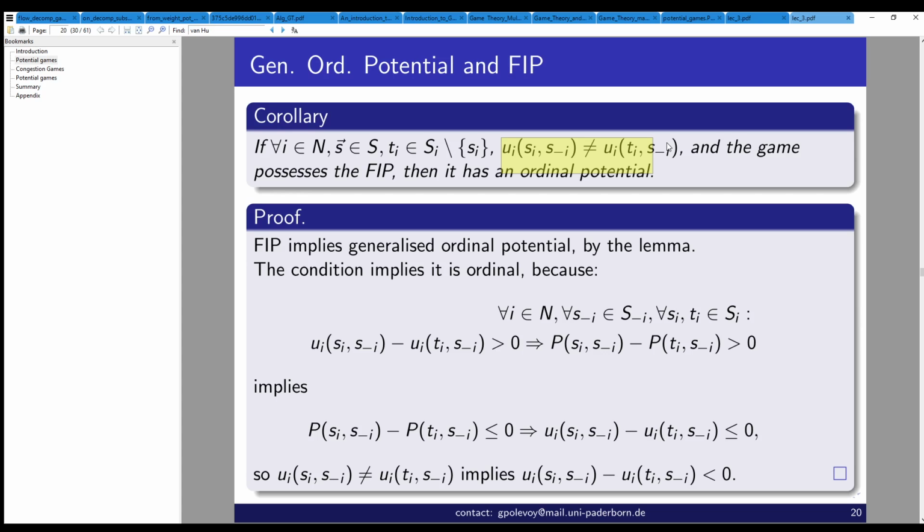So the idea is what we know is that the finite improvement property implies we have a generalized ordinal potential. And that means that if the utility strictly grows, then the potential strictly grows. Or in other words, if the utility is larger when I move from one thing to another, then the potential also is larger. Now, the contrapositive would be if the potential is not larger, then the utility is not larger.